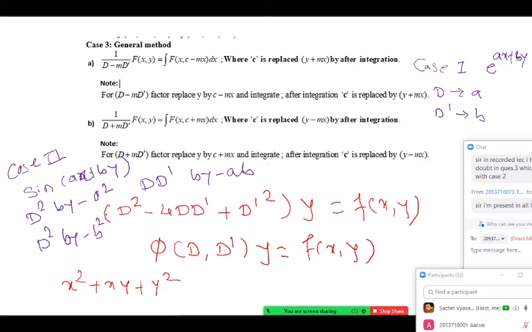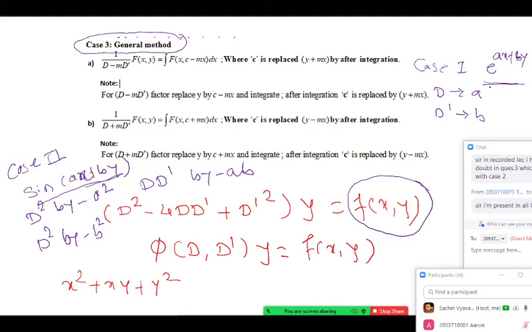But now what is case 3 here? This is the last case for getting the PI in a partial differential equation. Case 3 is used in two situations. The first is when the RHS function f of x, y is other than exponential and trigonometric, for example log, tan, cot, sec. Then we use the general method.